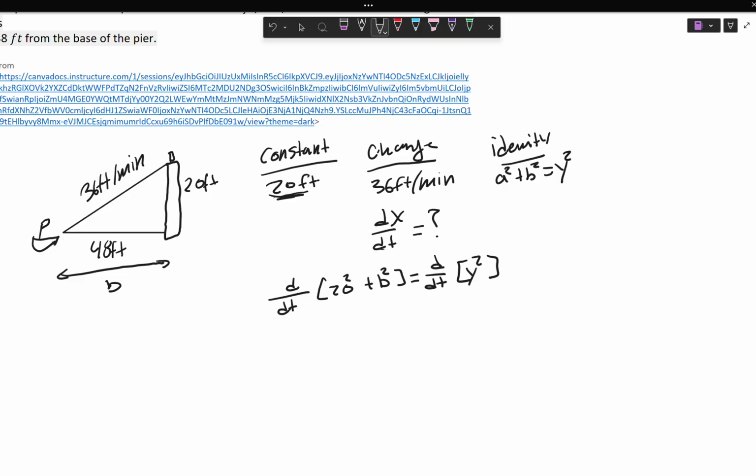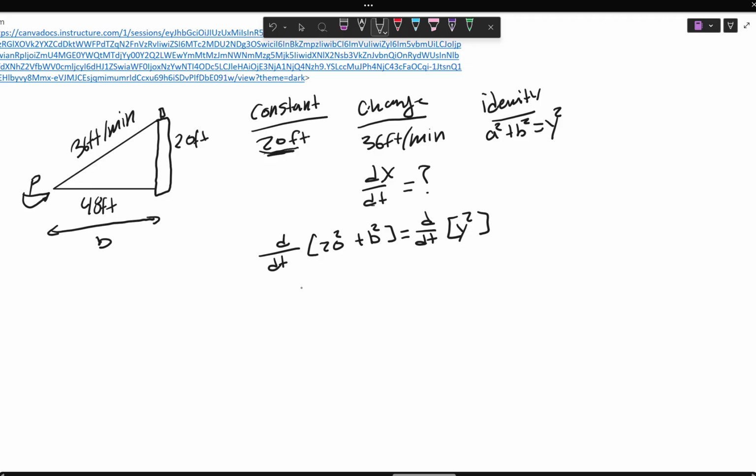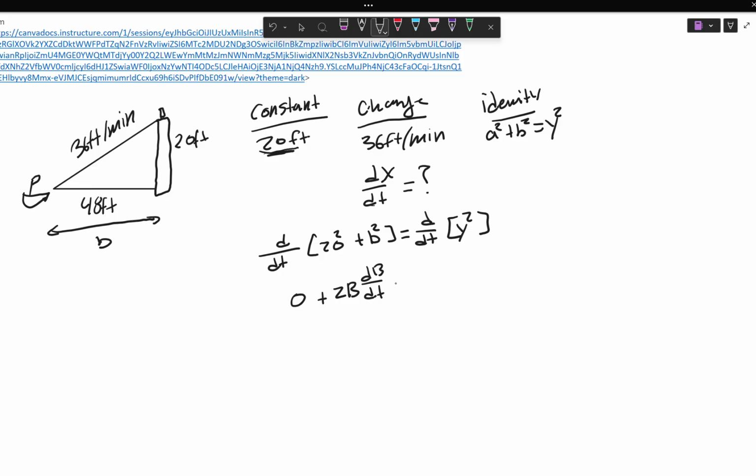Perfect. And the derivative of any constant will be 0, so 0 plus the derivative of b squared with respect to t will be 2b db/dt is equal to, same thing here, 2y dy/dt.